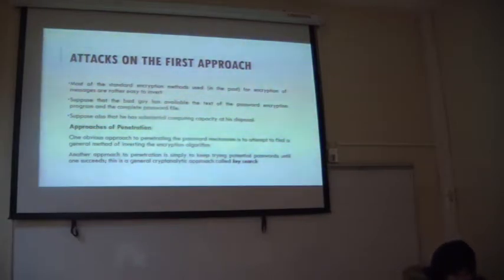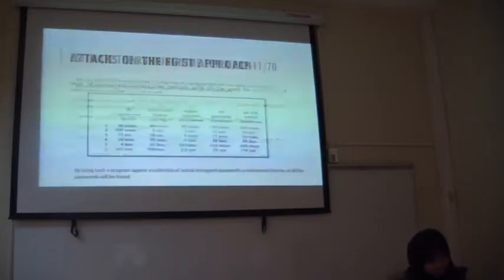So we have two approaches of penetration. The first one is to attempt to find a general method of inverting the encrypting algorithm, but this is too hard. So instead of this, others try to do a key search. They try potential passwords until one succeeds.